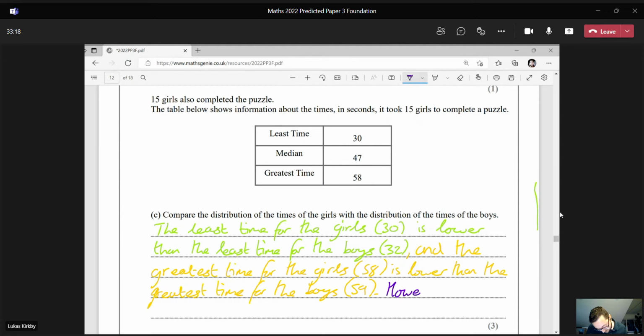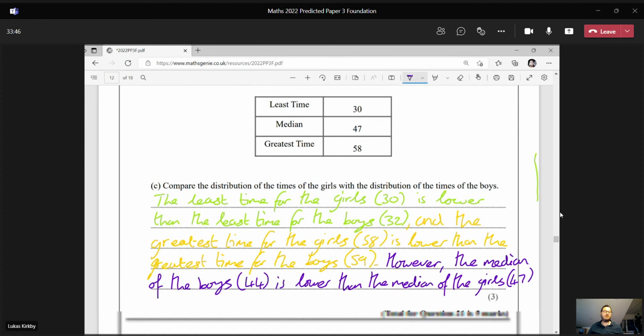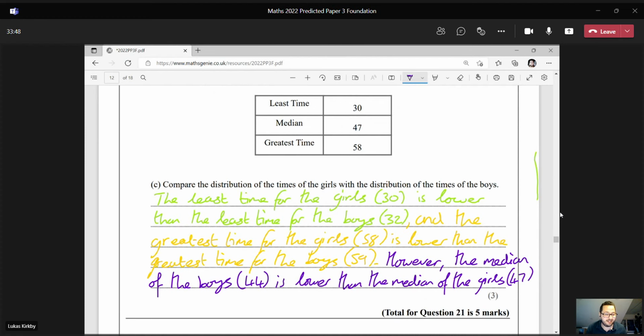So however, the median of the boys, let's try and fit it all in, is lower than the median of the girls. Okay, so that might have been overkill, but that's 3 bits of information, so hopefully this should give me 3 marks for that.